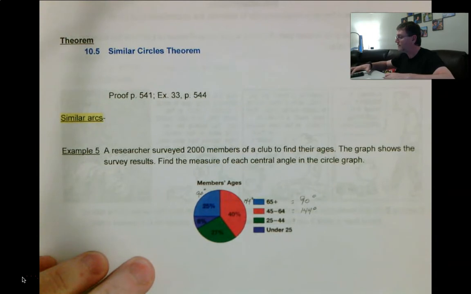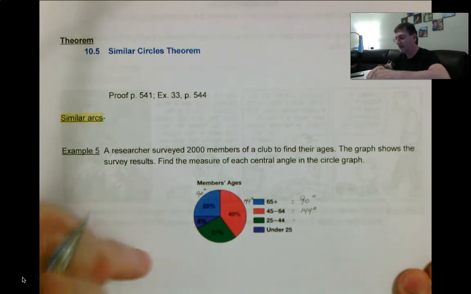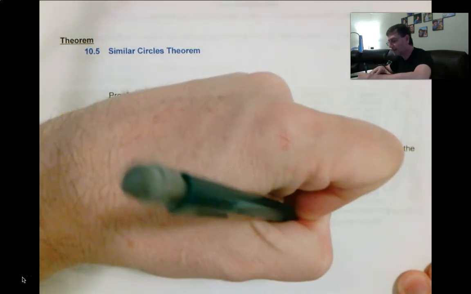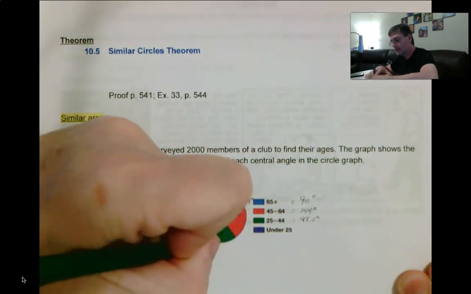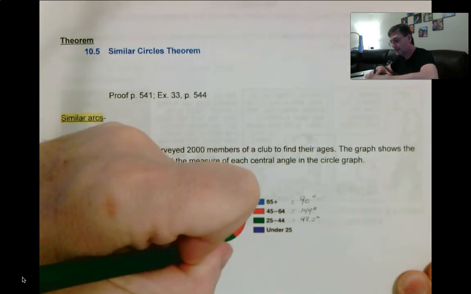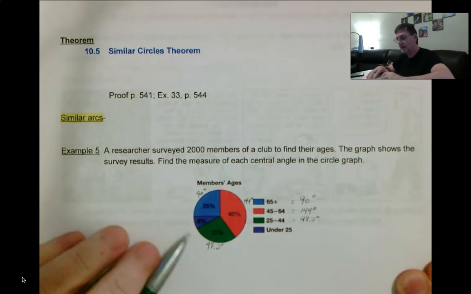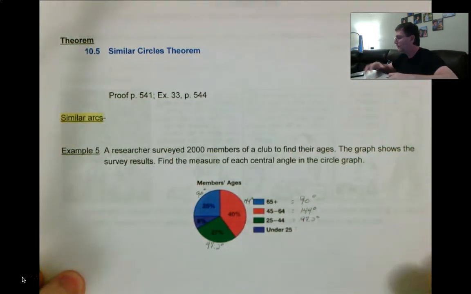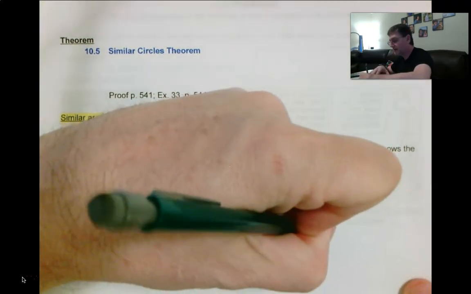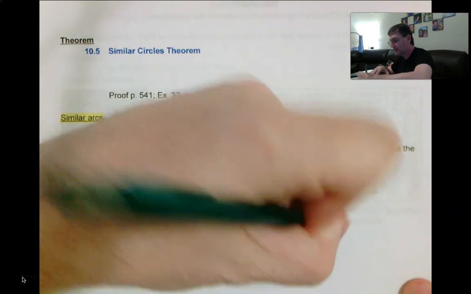So 0.27 times 360 is 97.2 degrees. And then we're left with 8%. So 0.08 times 360, 28.8 degrees.